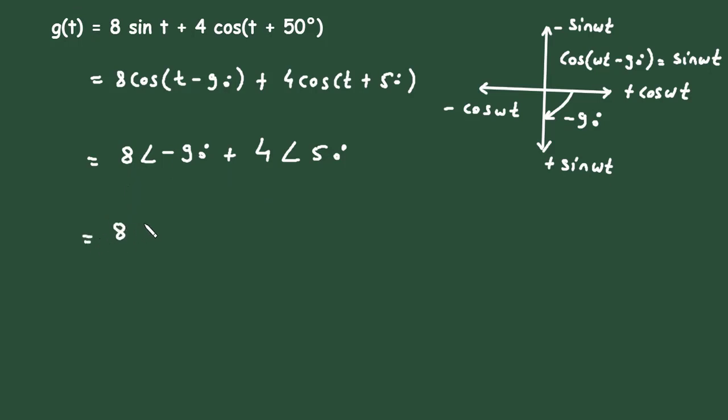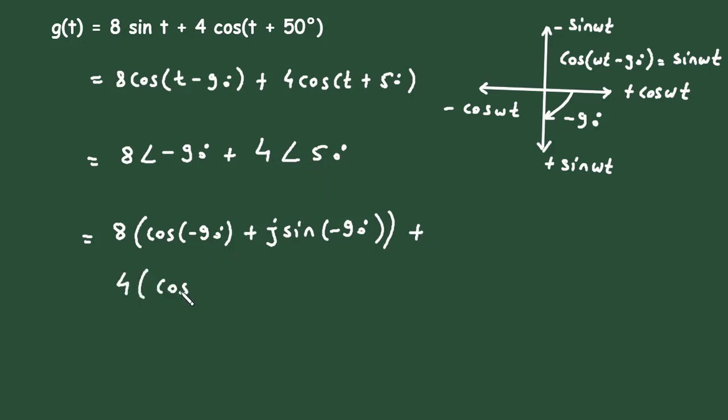So this will be 8 in bracket cos minus 90 degree plus j sine minus 90 degree, bracket close, then plus, for this it will be 4 in bracket cos 50 degree plus j sine 50 degree, bracket close.